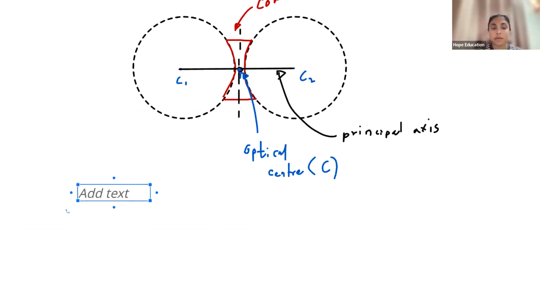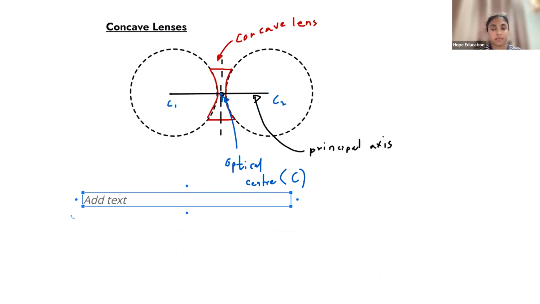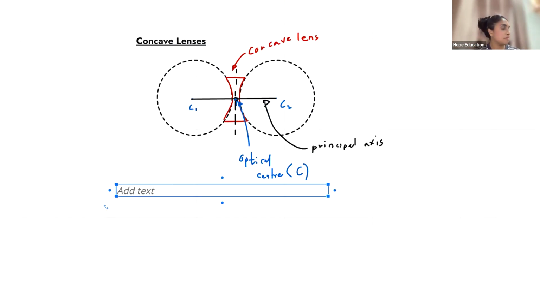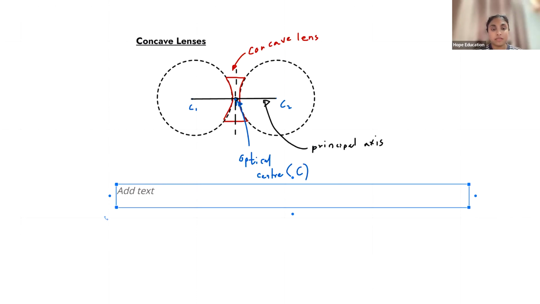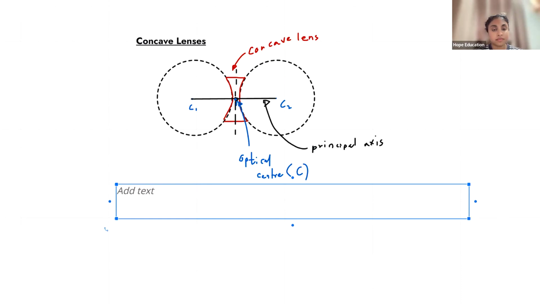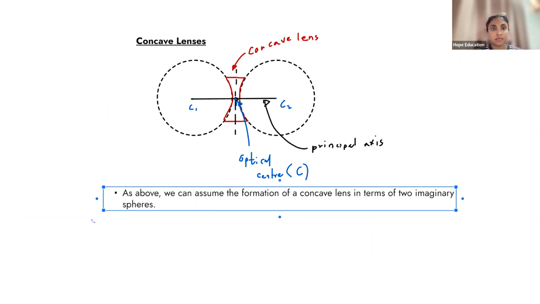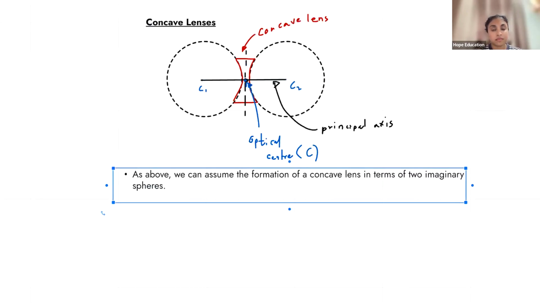Kids, draw the diagram above. Okay, quickly write this, make it fast.